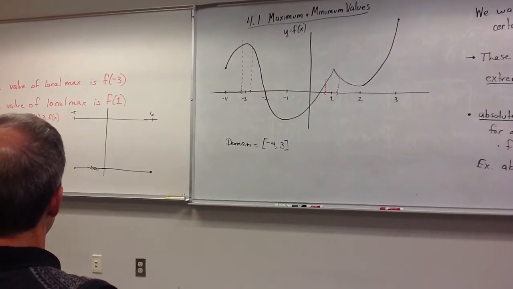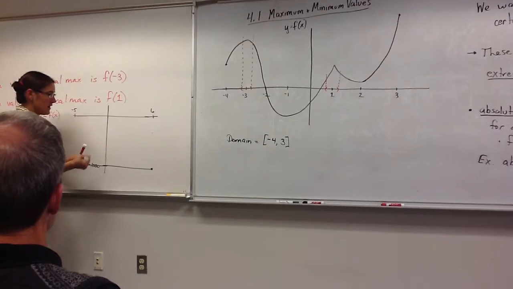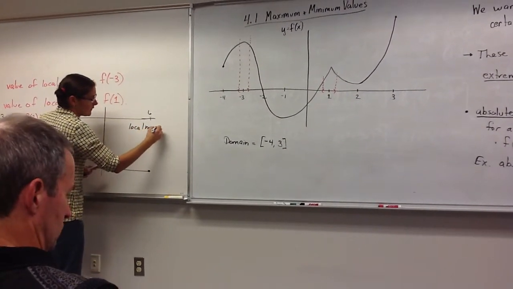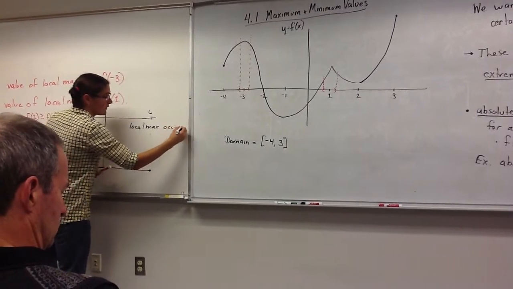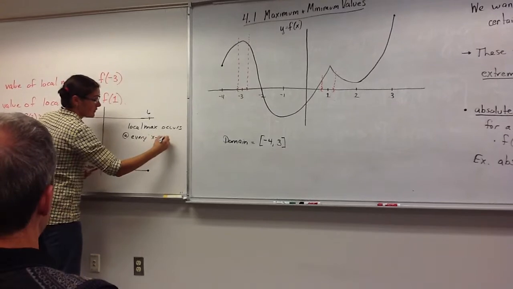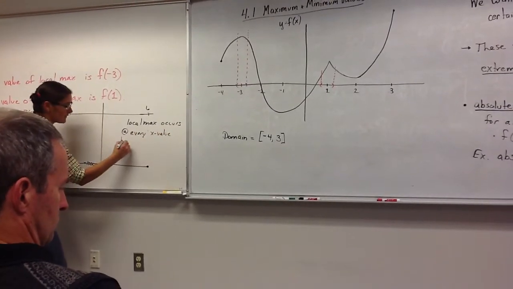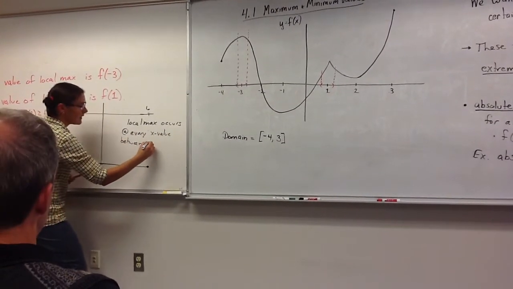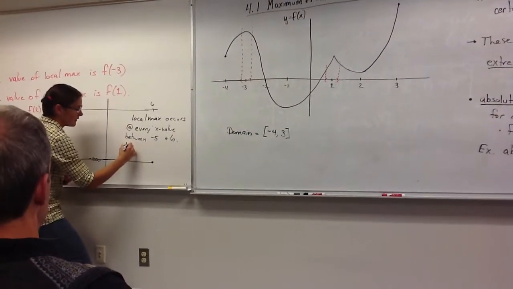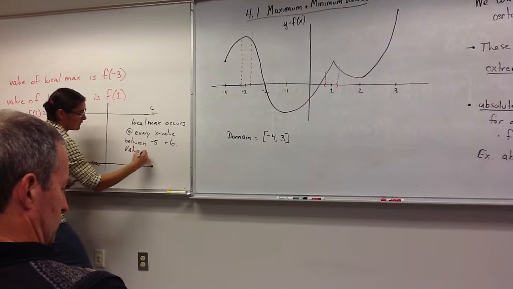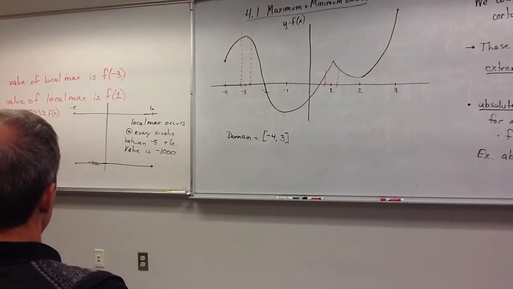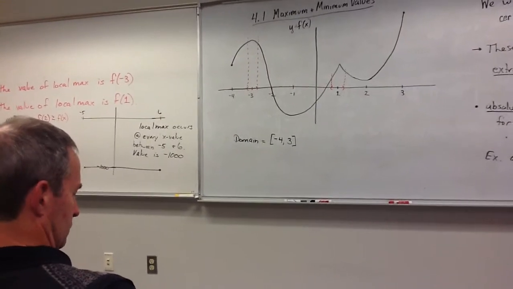So in this case here, our local max occurs at every x value between negative 5 and 6, and the value is negative 1,000. The value of the local maximum is negative 1,000.